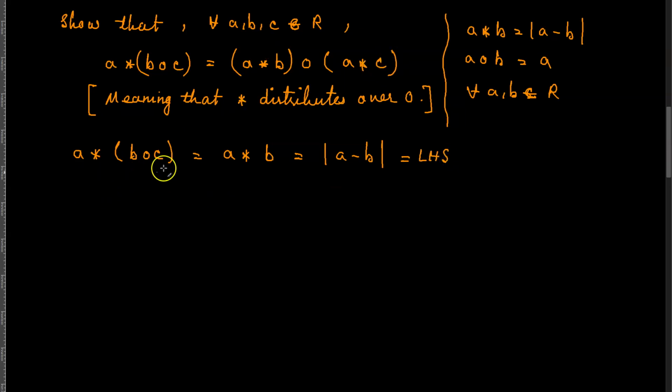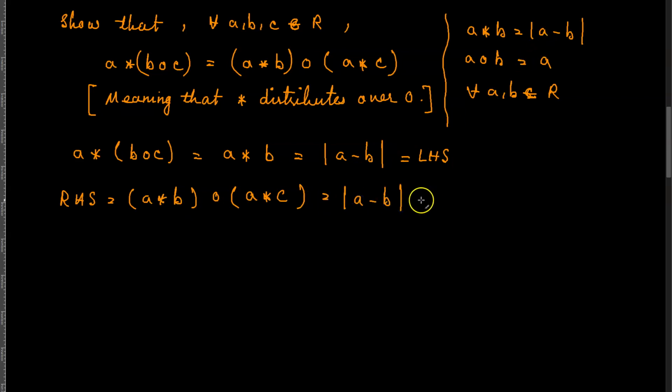Now the right hand side, RHS, is equal to (a star b) o (a star c), which is the absolute value of a minus b, o the absolute value of a minus c.